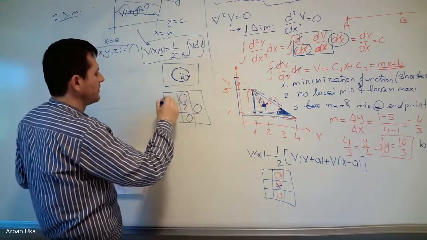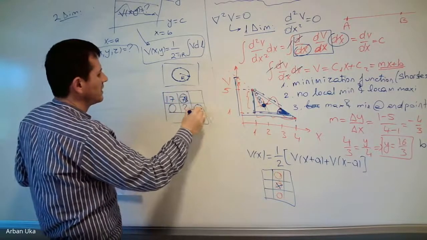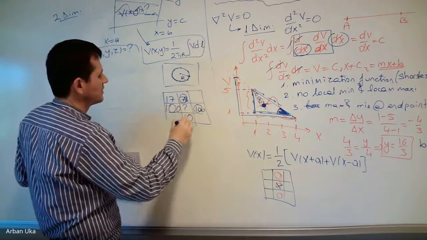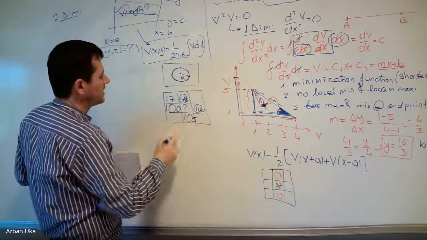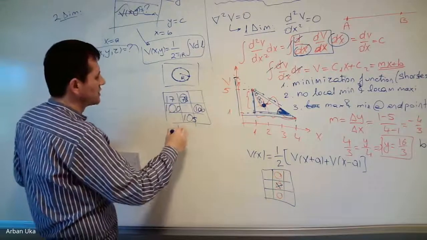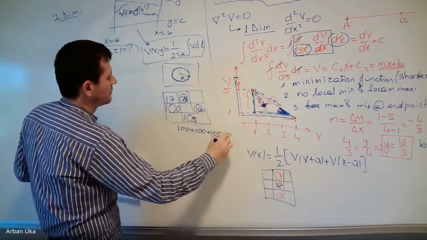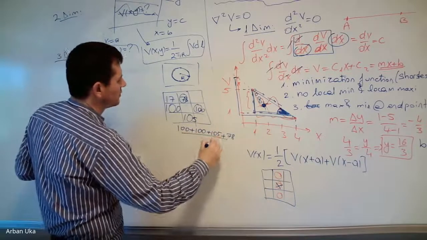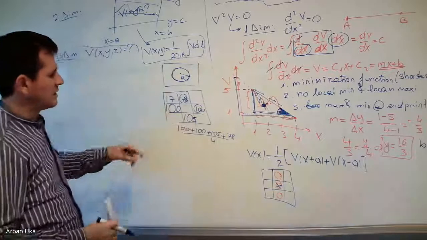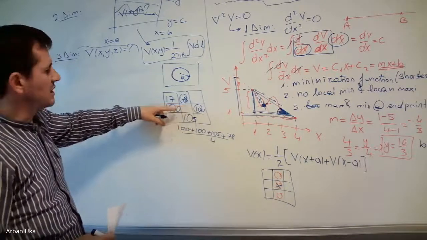So let's say that this is 78, 100, 100, 105. And now, if we want to find the value of this pixel here, what we do is just 100 plus 100 plus 105 plus 78 divided by 4. Okay, this is the discrete interpretation of the Laplacian operator onto a specific data set.